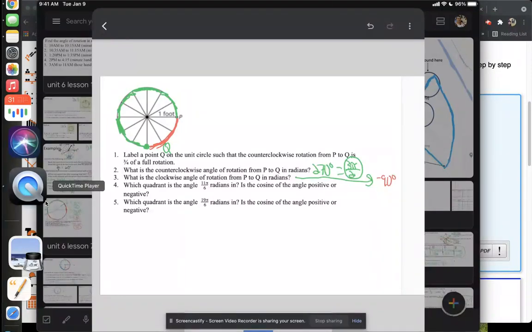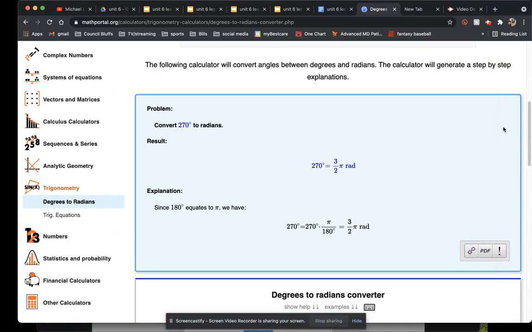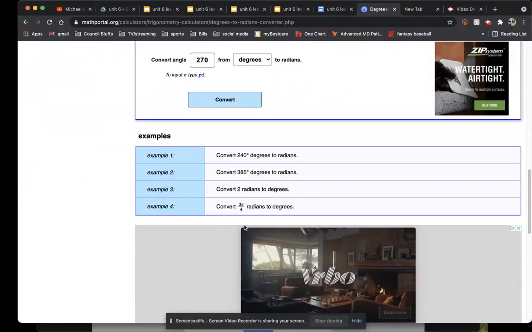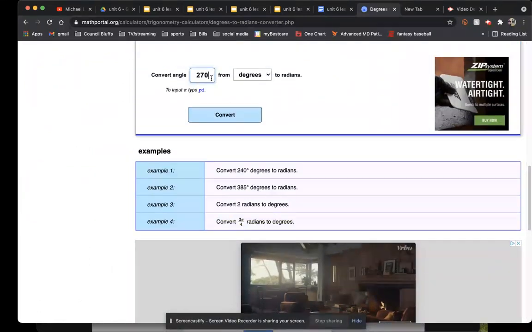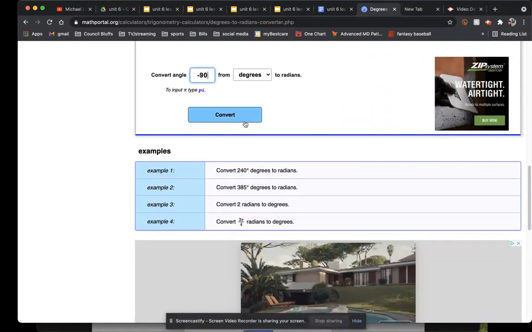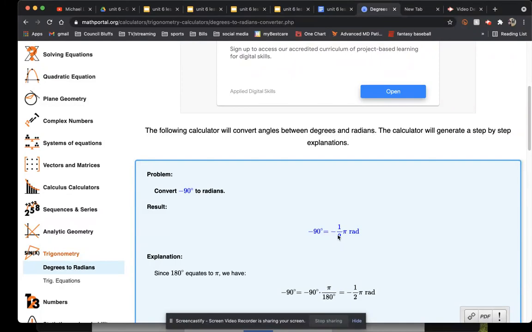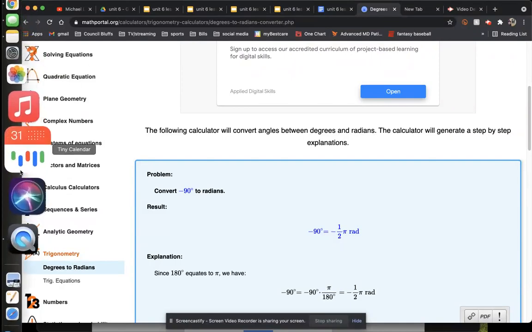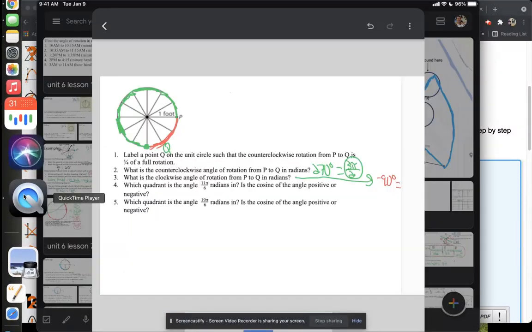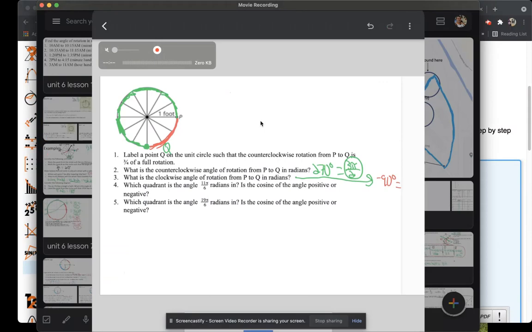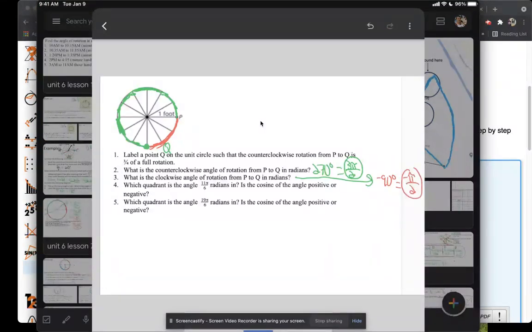I just have to convert negative 90 degrees to radians, and we get negative pi over 2. So the answer to number 3 is negative pi over 2.